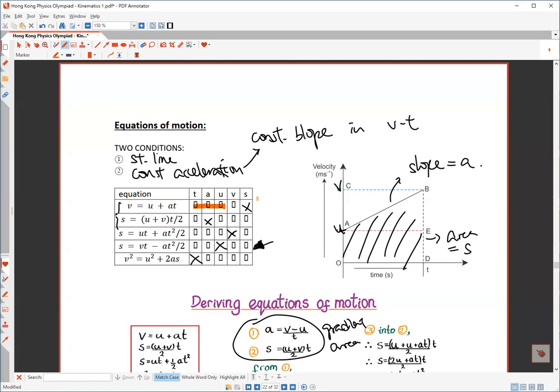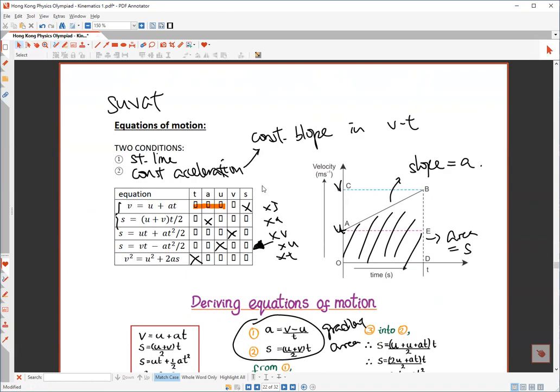In total there are three given and one to find, so four quantities. Then you just look at the equations here and see which one satisfies what you want. Sometimes people call these the SUVAT equations. And this one has no s, no a, no v, no u, and no t.